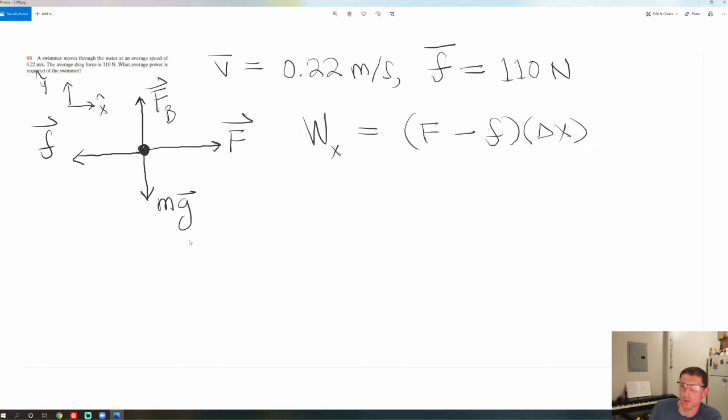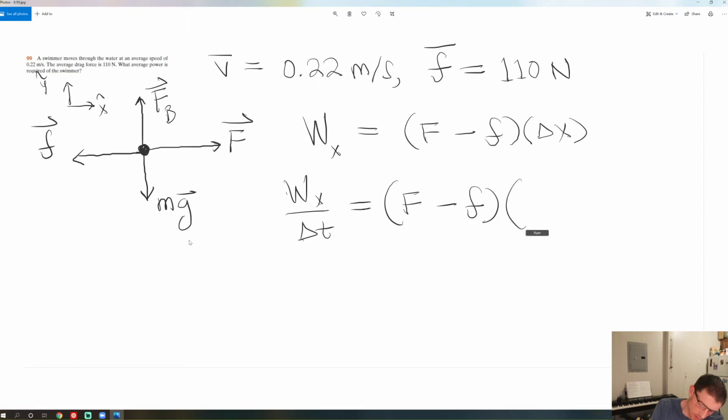You can probably see where I'm going with this. Oh, wait a second, though. No, I think this is fine. Okay. So what we do is we just divide both sides by delta t, right? So we say W sub x over delta t equals F minus little f times delta x over delta t, right?